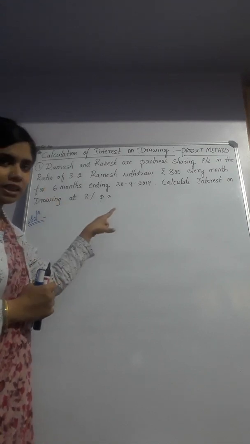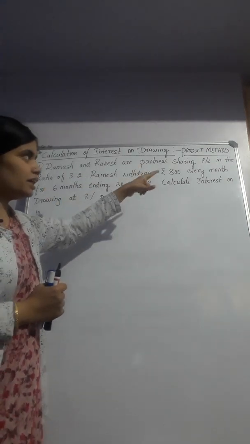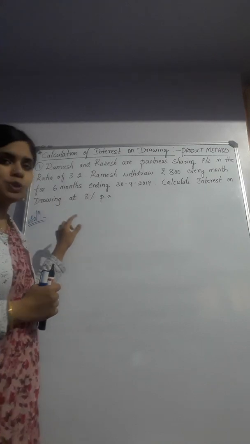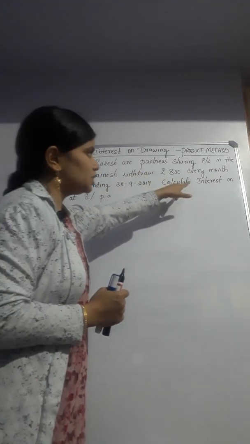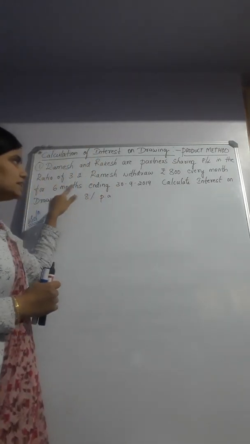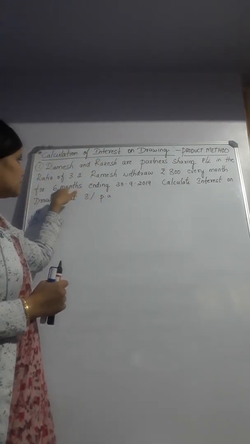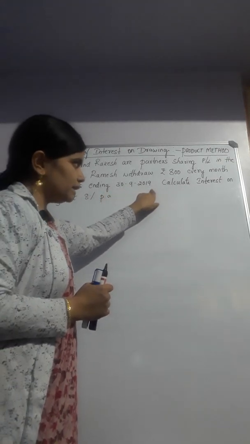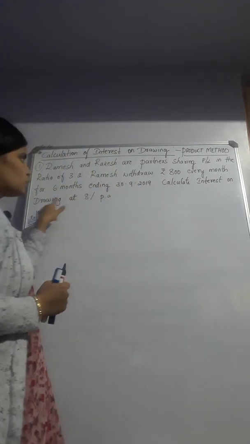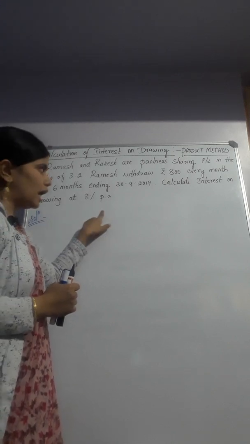Ramesh and Rakesh are the partners, sharing profit and losses in the ratio of 3:2. Ramesh withdraws rupees 800 every month for 6 months ending 30th 9 2019. Calculate interest on drawing at 8% per annum.